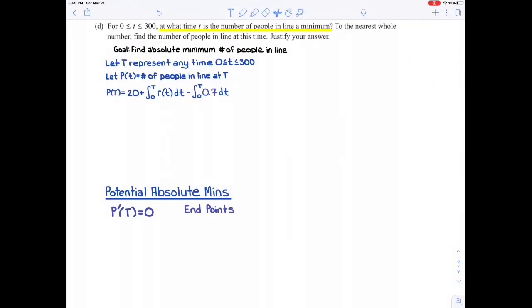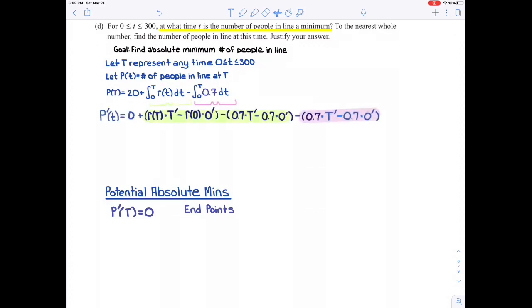In part B, we wrote an equation that represented the number of people at time 300. If we just replace all of the 300s in the equation we created in part B, we will have an equation that represents the number of people at any time, which I am calling capital T. To find the derivative of P of t, you take the derivative of 20, which is 0, and then you take the derivative of the two integrals.